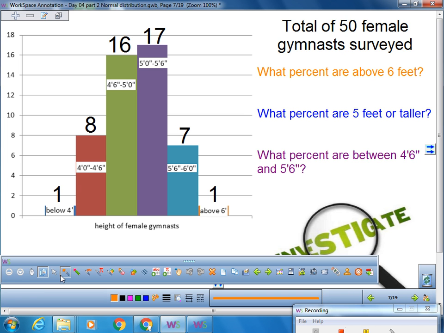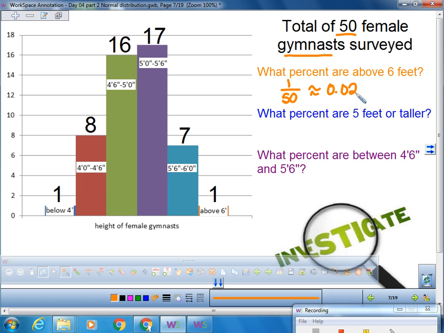Okay. So it's actually 1 out of how many? 50 gymnasts. 1 out of 50. So if you put that in a calculator, you get 0.02, which is not 0.02%, but 2%.